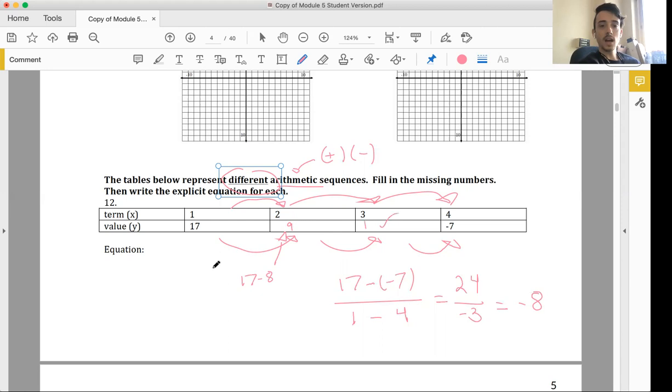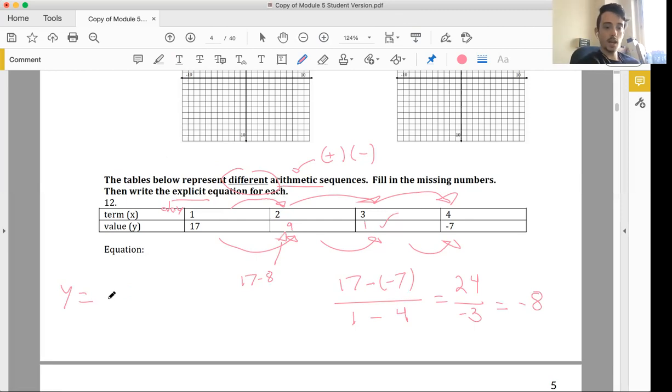So that's good. For the equation, we've seen these before. We've put together equations that are explicit. Think of this as like a day 1 problem where we have y. We're taking our difference of -8. Well, let's actually back it up. What term are we starting with on day 1?